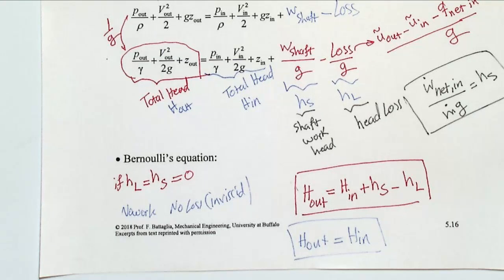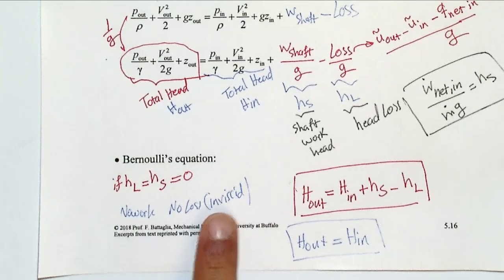But in that question we assumed that there is no loss in the pipe. That was one of the assumptions. If you check the homework again, you will see that we applied the Bernoulli equation there, with the assumption that the flow is inviscid inside the pipe.